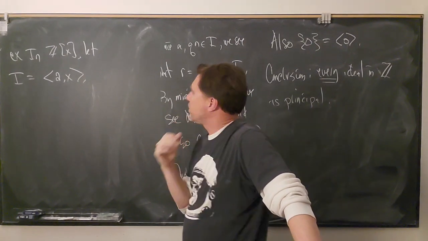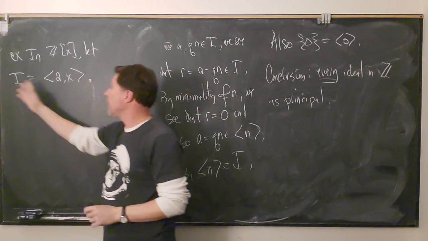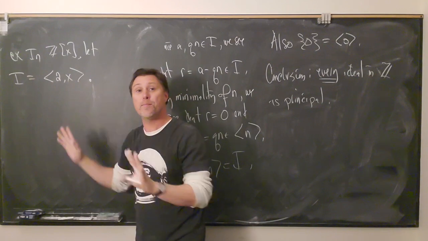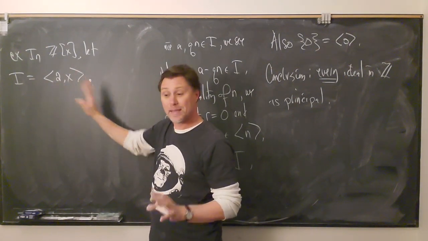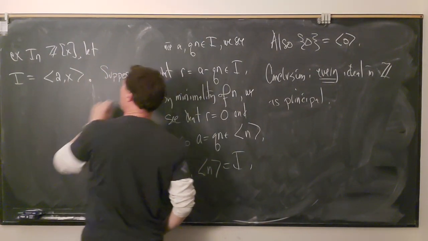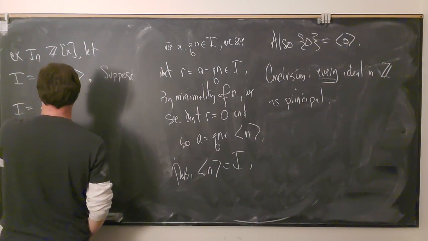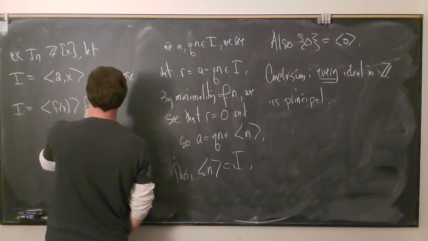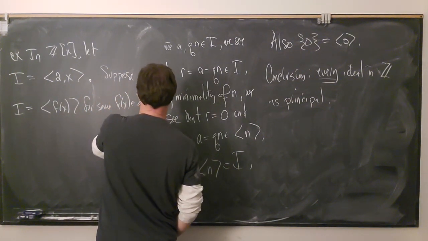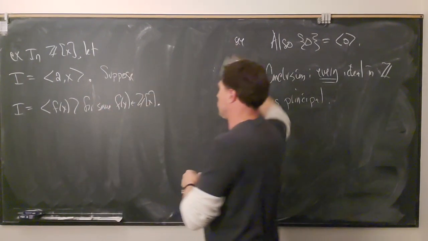Now, what I'd like to do is show that I is not principal, right? It's generated by these 2 elements, and what I want to show is it's impossible to generate this ideal by a single element. So to do so, we say suppose that I is equal to the ideal generated by f(x) for some polynomial f(x) in Z[x].